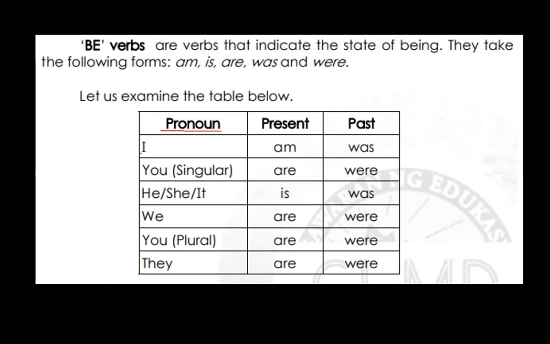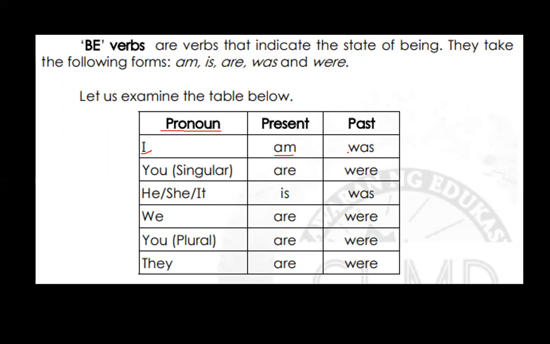So, the pronoun I is used if you are referring to yourself. So for the present tense, if you are telling the story as it is happening or at your current state, you are going to use "am," kapag nangyayari po, kapag kasalukuyang nangyayari.